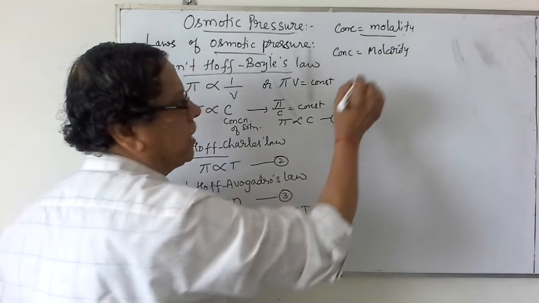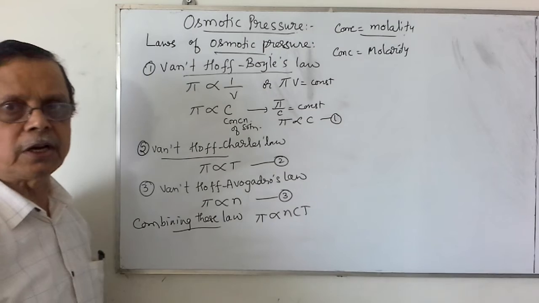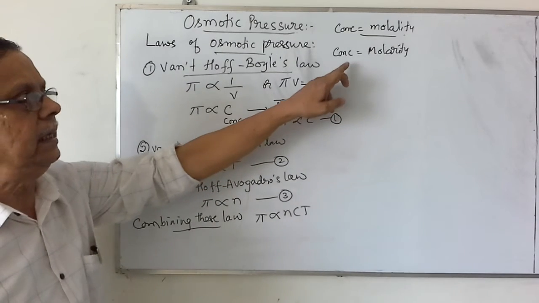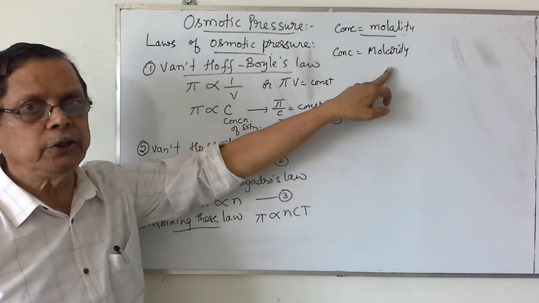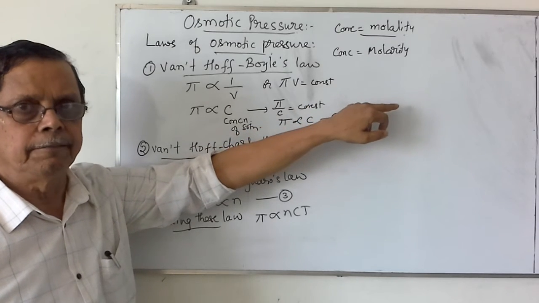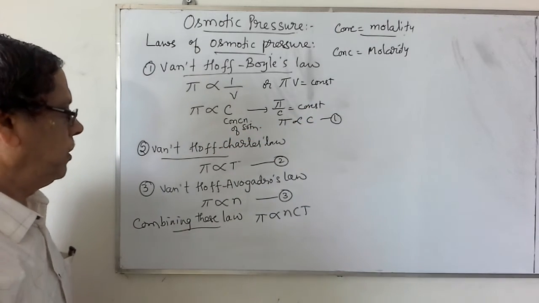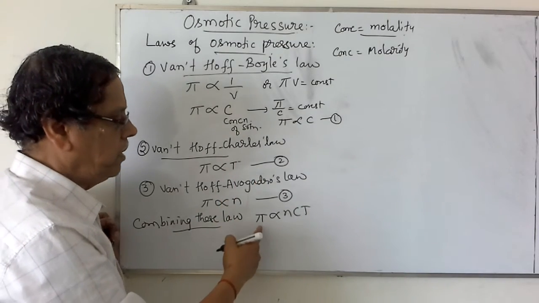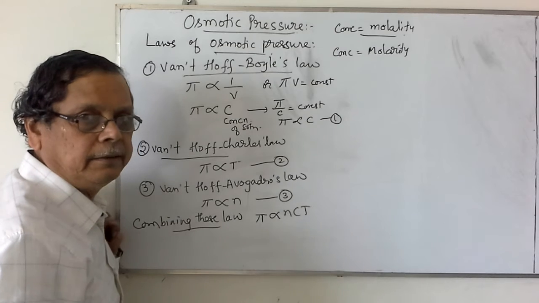This is one important difference between the other three colligative properties and osmotic pressure. This molarity is the number of moles per unit volume of the solution. So when we combine these three laws, we have pi is proportional to nCT.